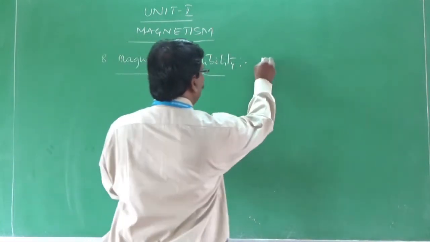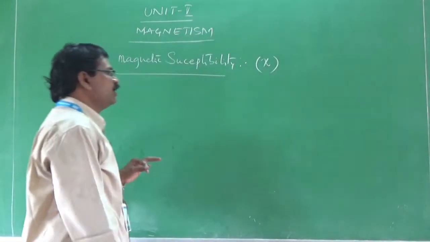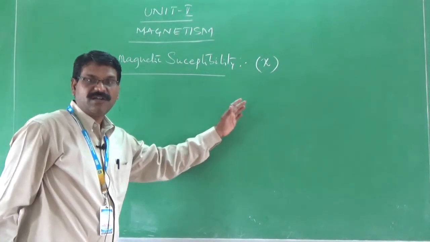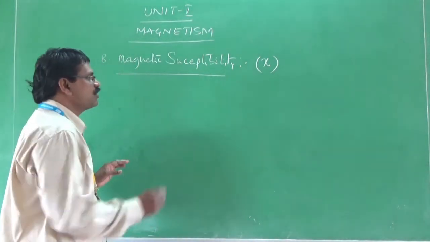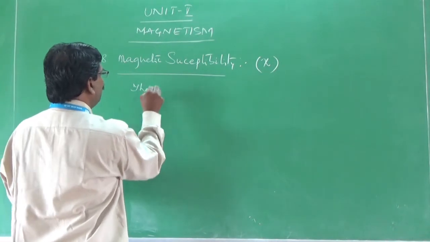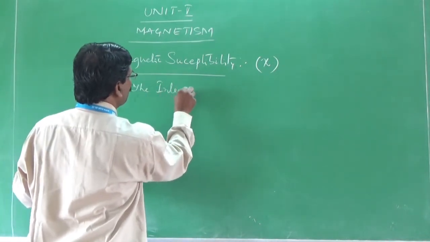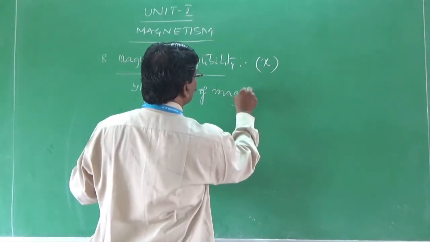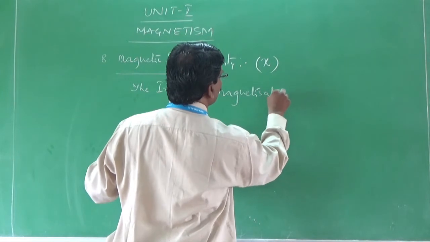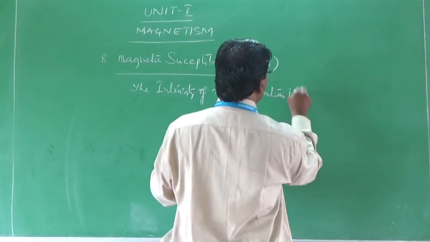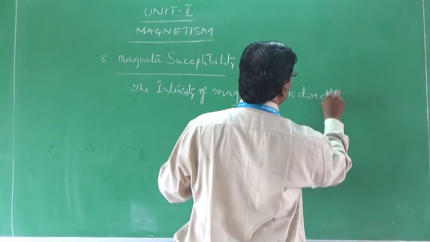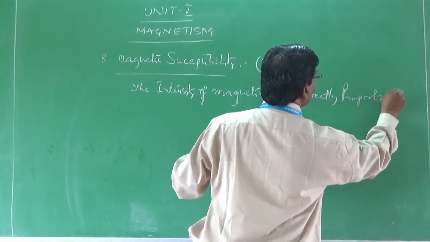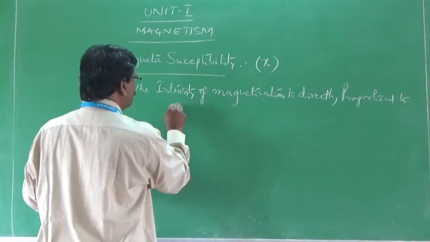This is denoted by psi. It's a relationship between the intensity of magnetization and the magnetic field intensity. How do we define this? The intensity of magnetization is directly proportional to magnetic field intensity.